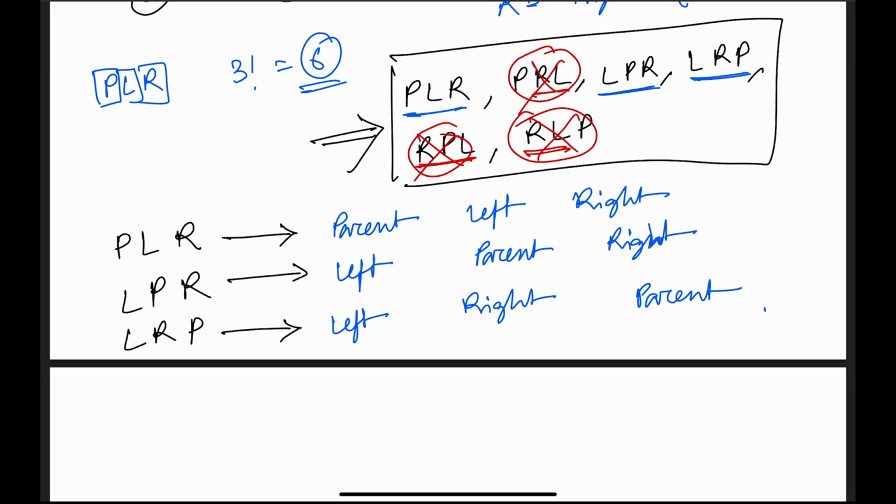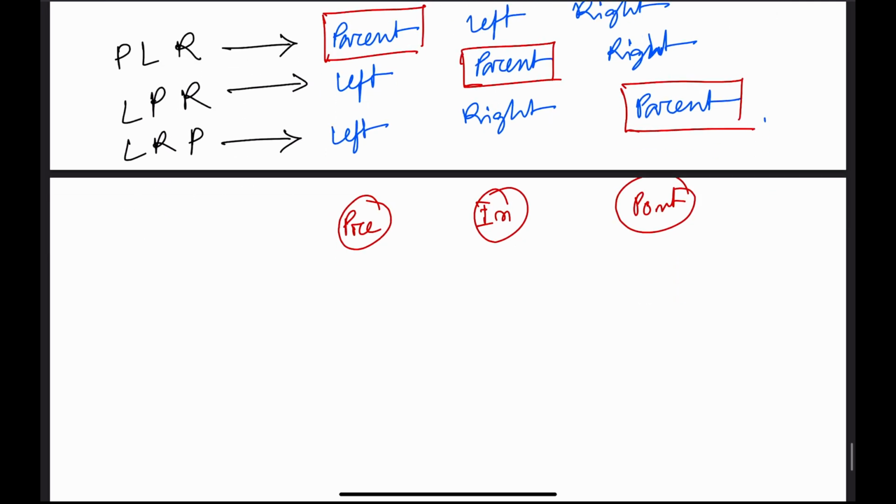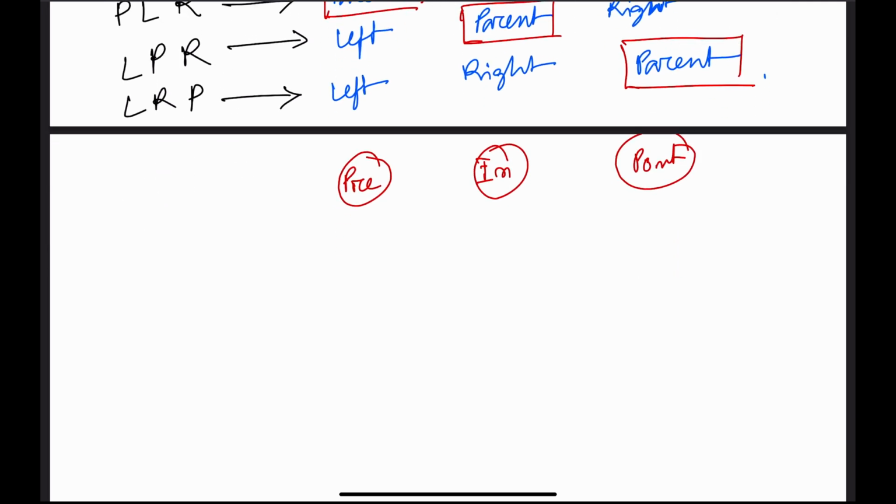Okay, now the thing is we have to focus on this parent. Parent is on the left side, parent is in the middle, and parent is on the right side. Or we can see it's in the pre position, in position, and post position. Okay, that's how we are getting the names of the traversals, which are called pre-order.